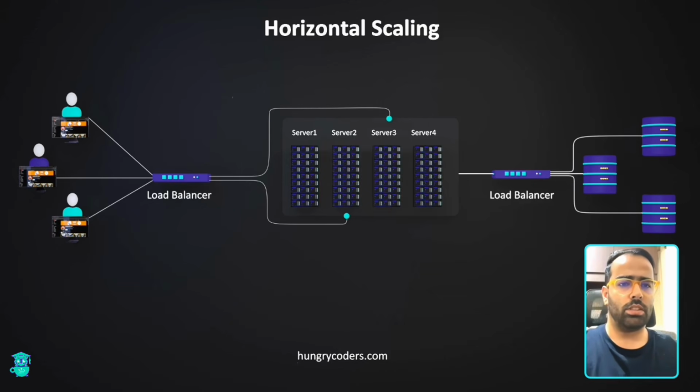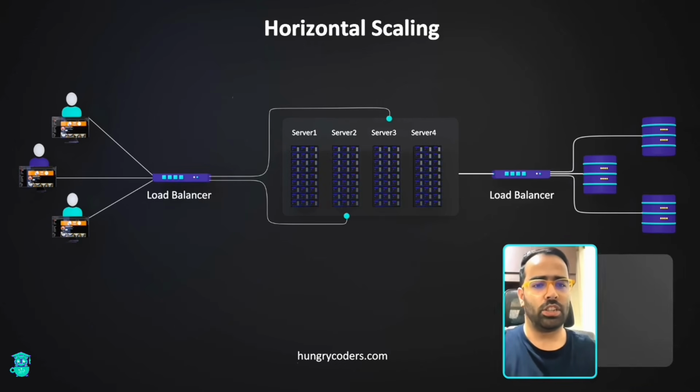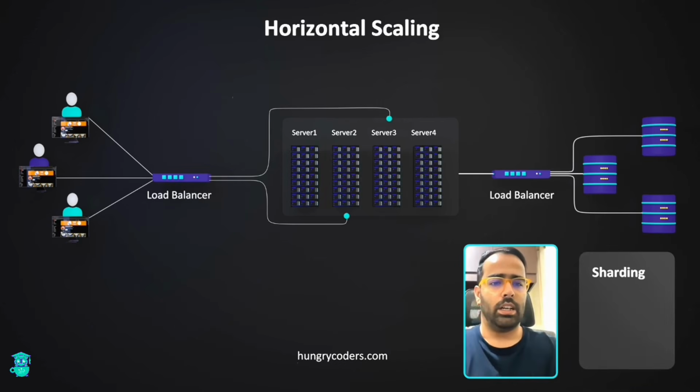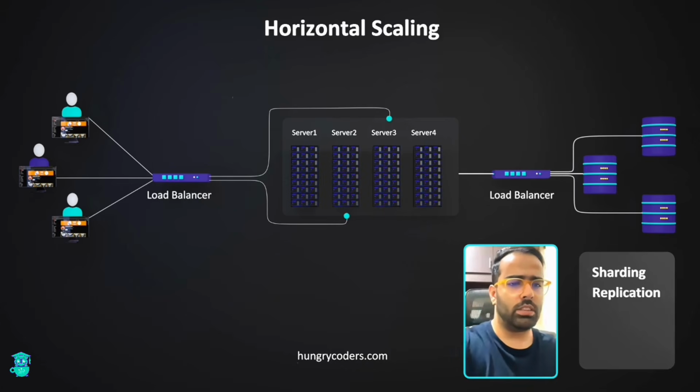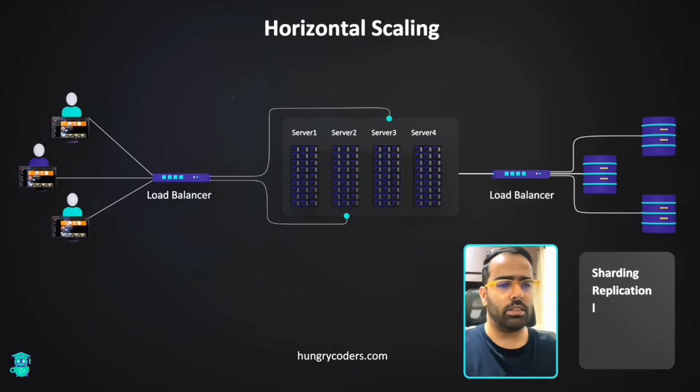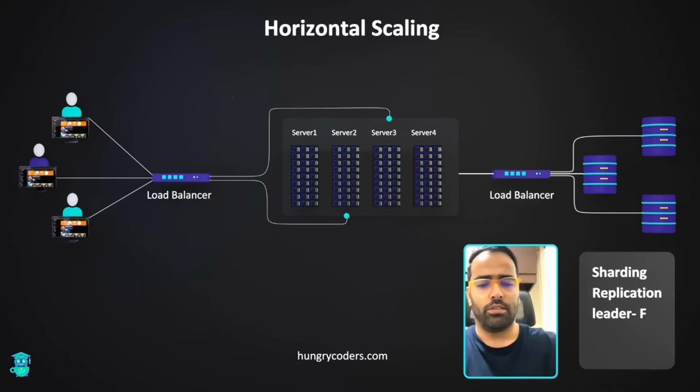Also, when you do horizontal scaling of the database, different things come into the picture, like the database sharding concept, and replication. Again, we will not go deep into sharding and replication, but let's say we have three databases. One can be a leader database and the others followers, or we also call them master and slave.